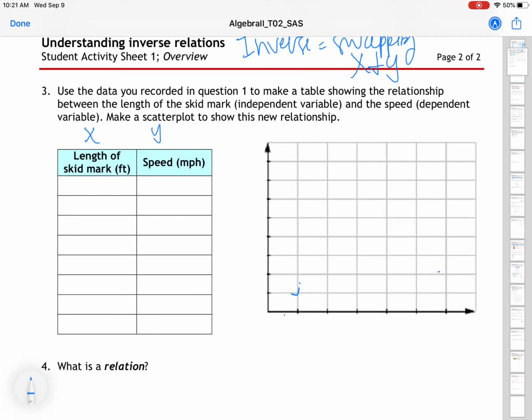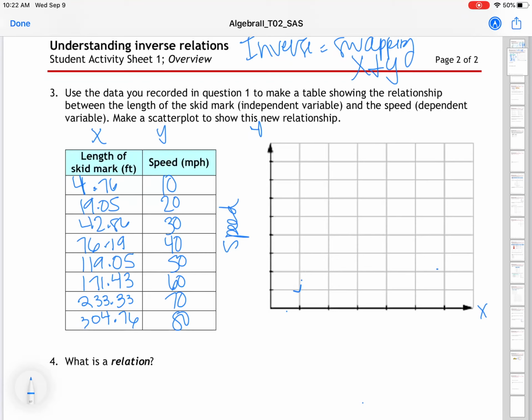Now, this is my x. This is my y. So my speed, 10, 20.